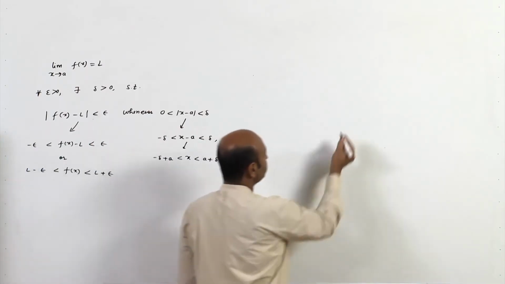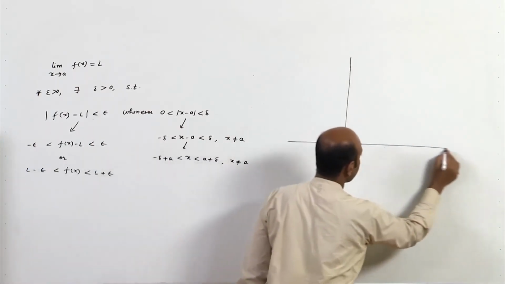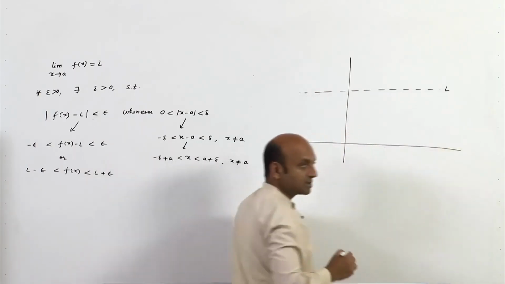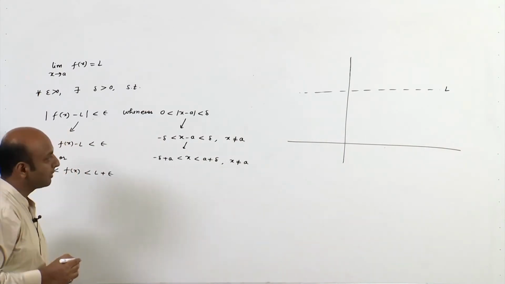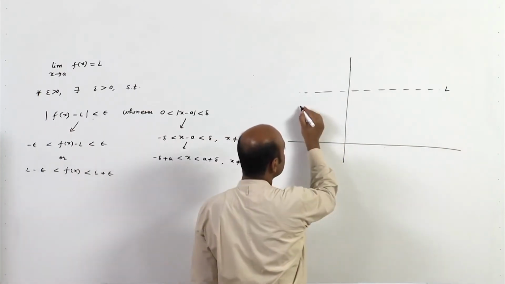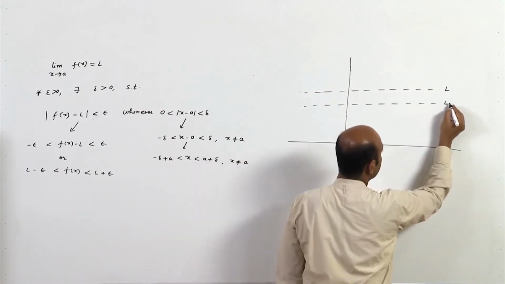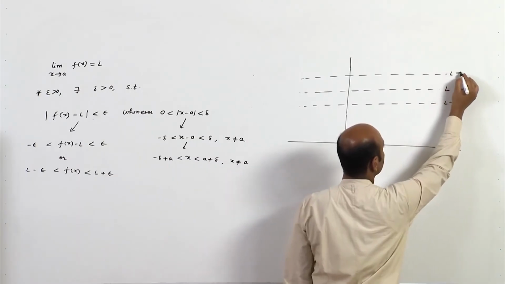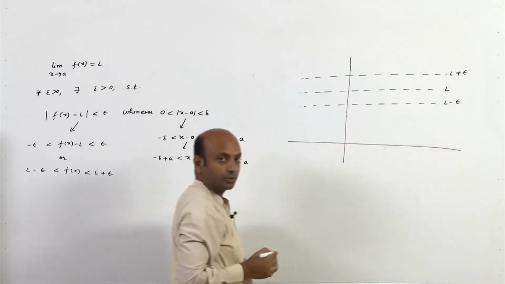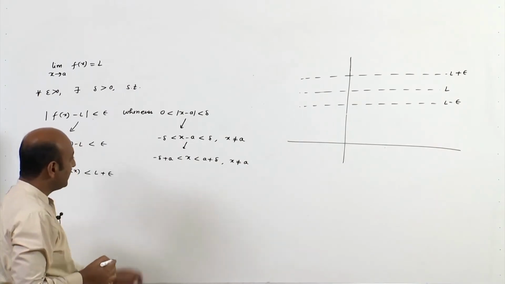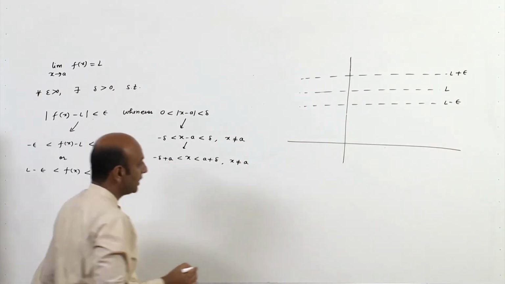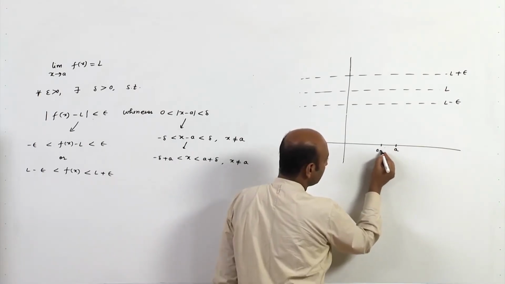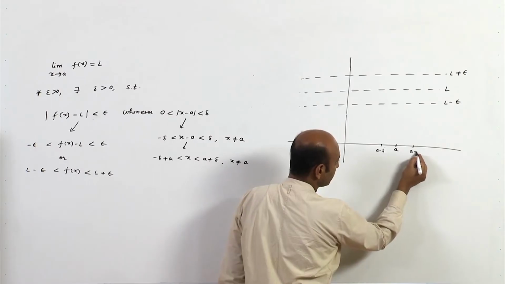So this means, suppose this is L, this is f x equal to L. This is L minus epsilon and this is L plus epsilon. Now, x is between a minus delta and a plus delta. Suppose this is x equal to a, this is a minus delta and this is a plus delta.